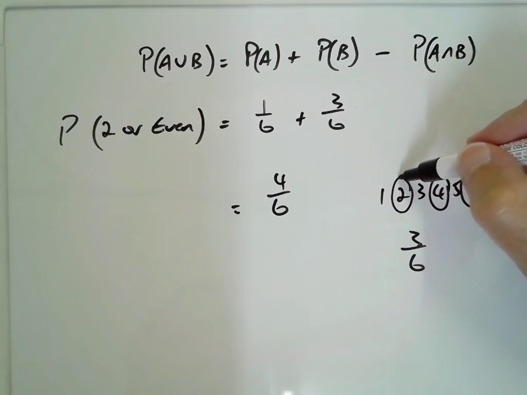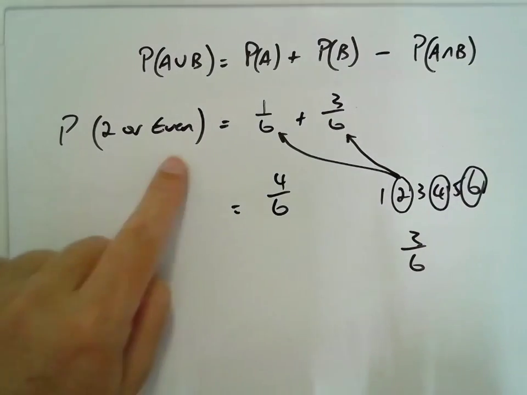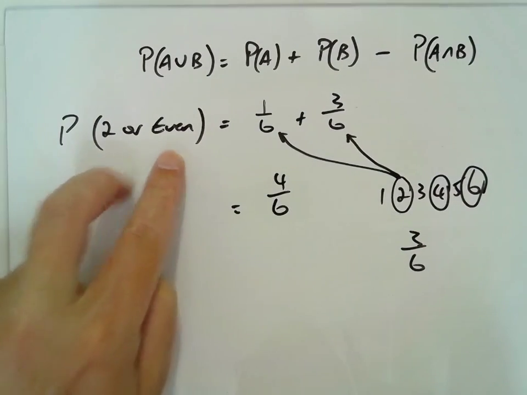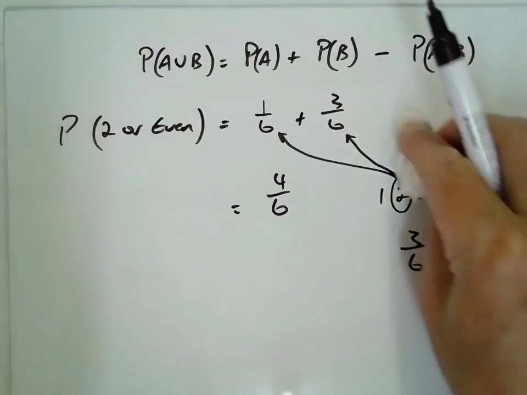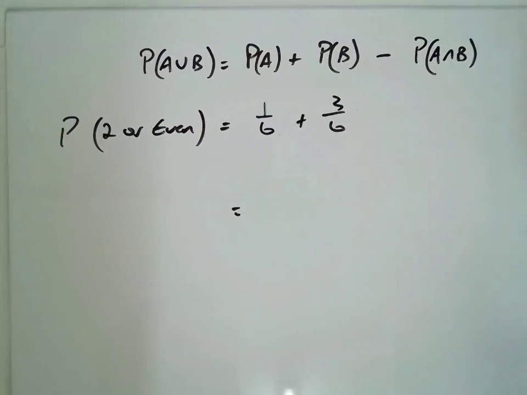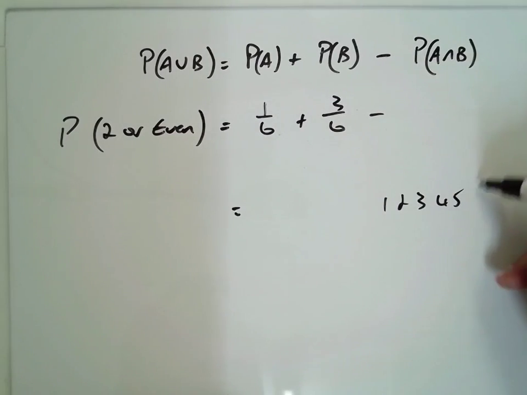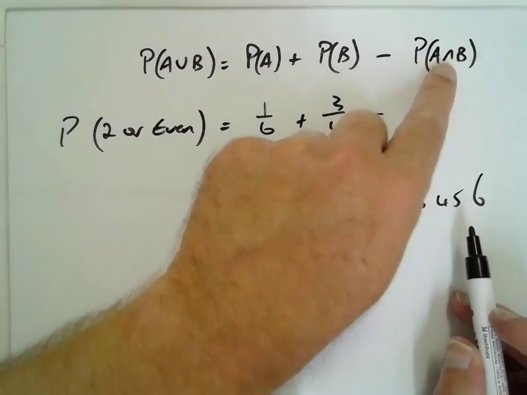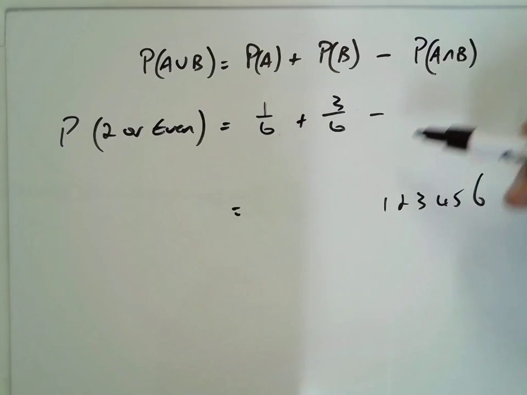Clearly what's happening is that the 2 is counted in both the 2 and the even numbers. Because these outcomes are not mutually exclusive, or rather they can happen at the same time, we need to account for that duplication by subtracting the probability of A and B. So the probability of rolling a 2 and an even, let's circle all the numbers that are both 2 and even.